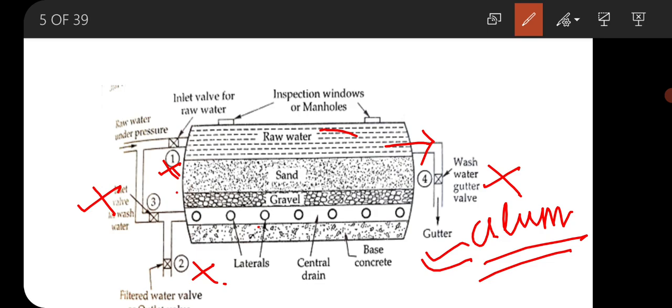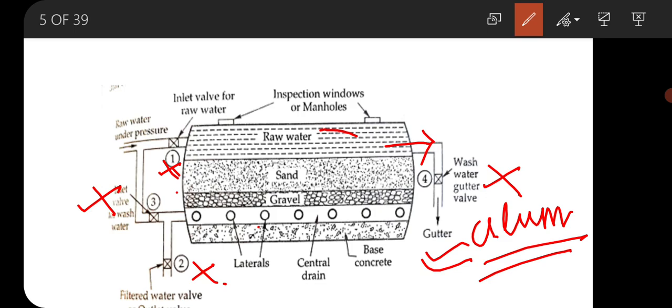That means after the cleaning operation, then raw water is allowed to enter into the filter, but that water is not used for certain period of time, and it is allowed to pass through the wash water gutter valve.